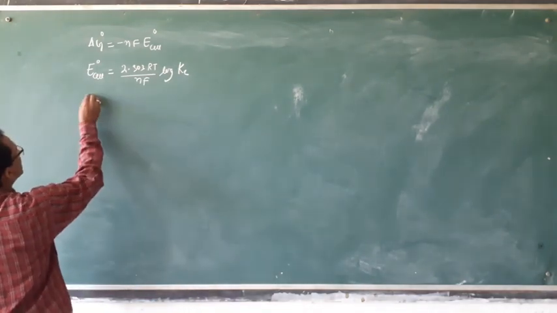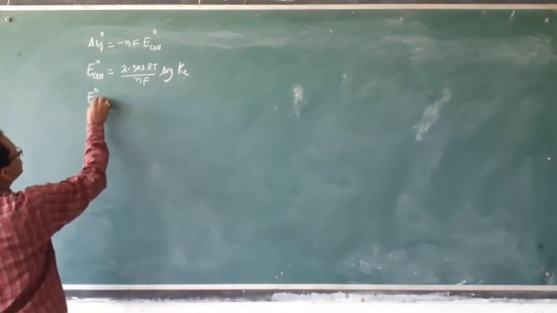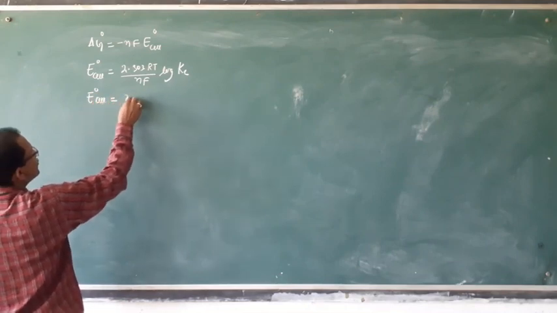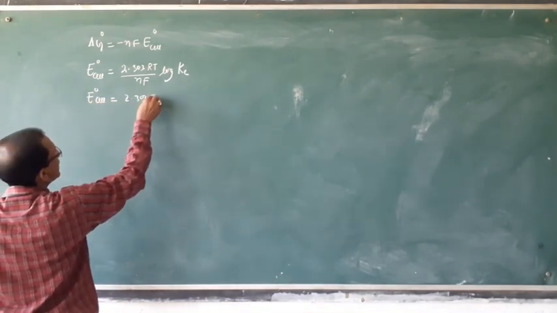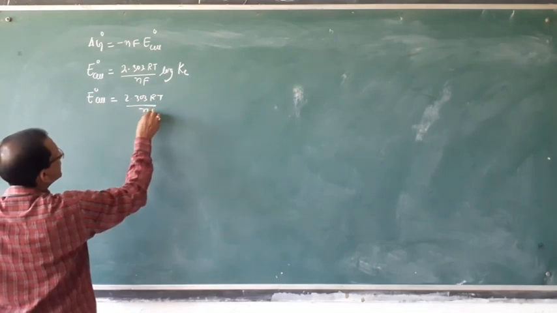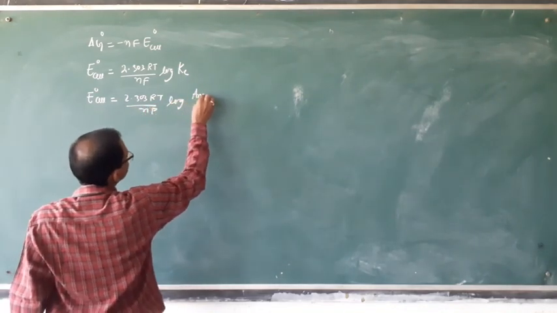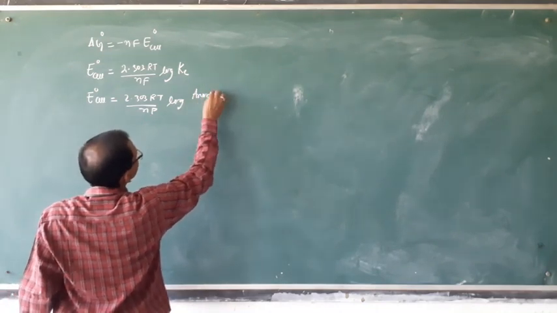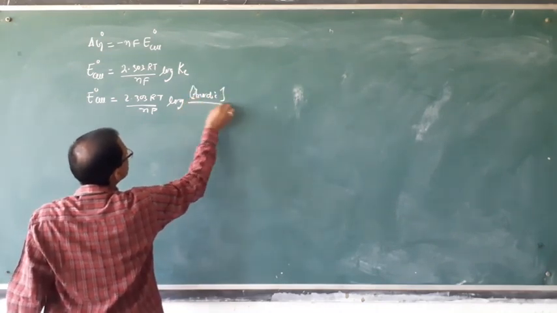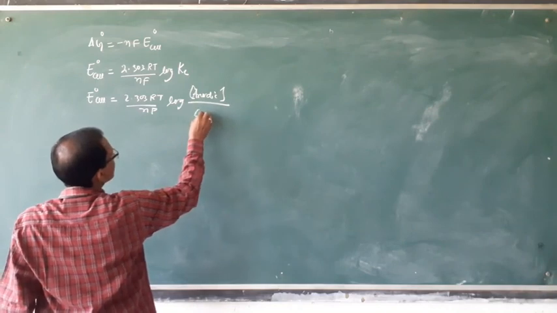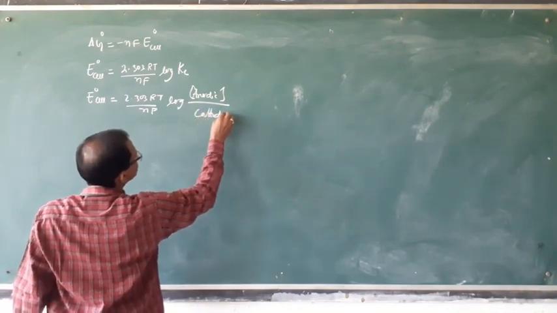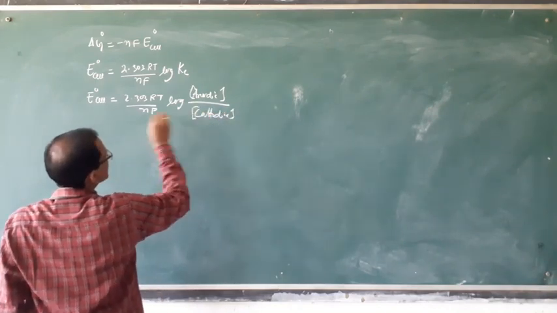And here E naught cell can be written as 2.303 RT by nF log anodic ion concentration upon cathodic ion concentration.